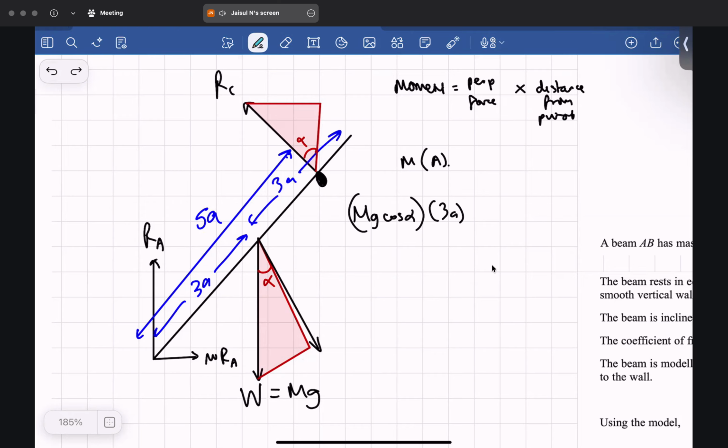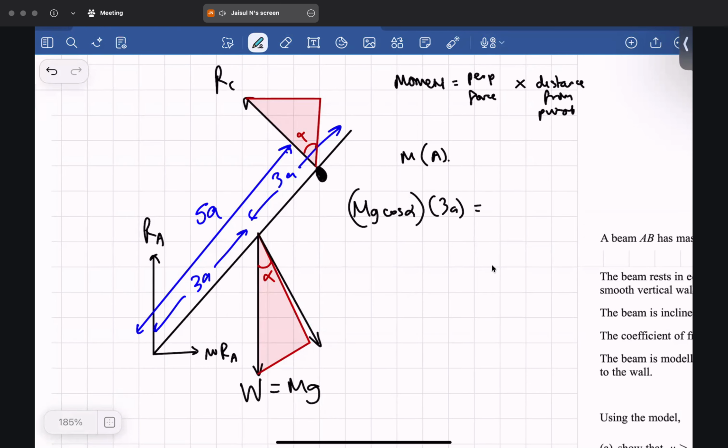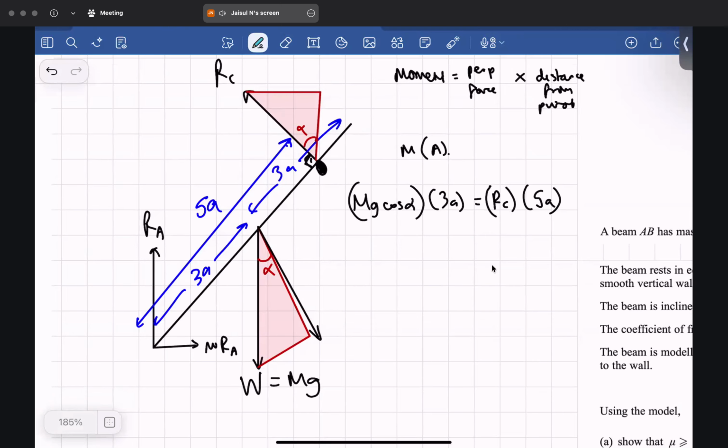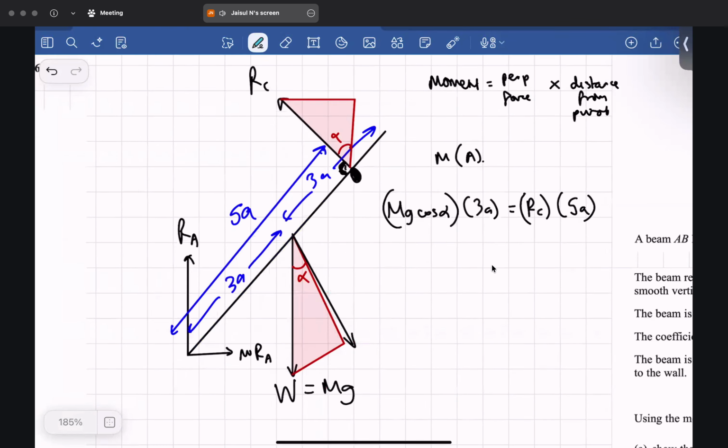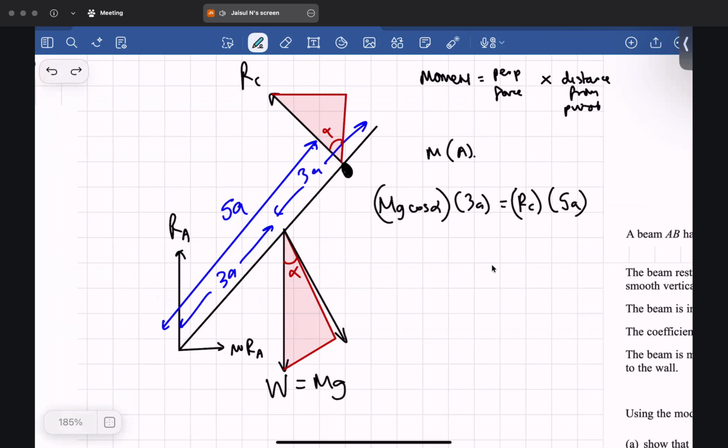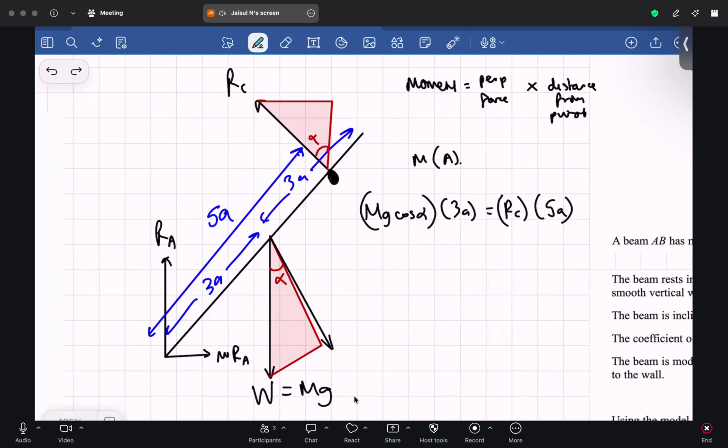Any questions about that? Cool. And it has to equal RC times 5a. I don't need to use cos or sine because it's already perpendicular to the ladder itself. Wait, is RC clockwise?